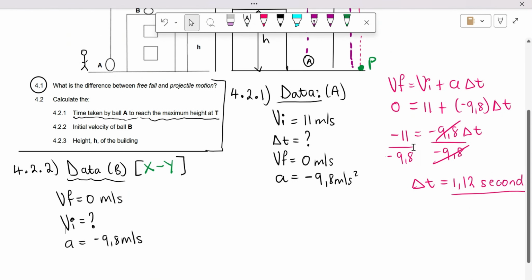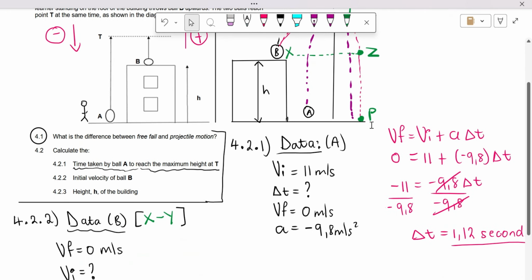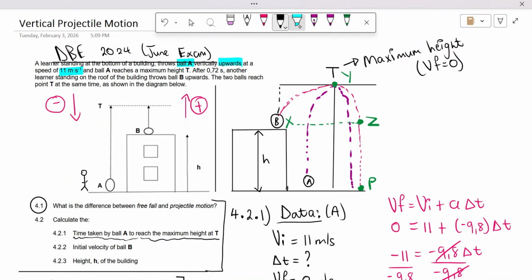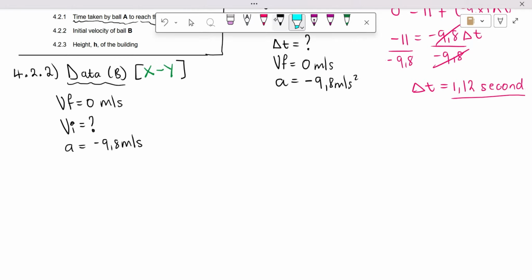But now, if I want the initial velocity of ball B, then I also need to remember that I was given crucial information. I was told that 0.72 seconds later, ball B was thrown upwards. So 0.72 seconds after A was thrown, ball B was then thrown. That means, now check something.